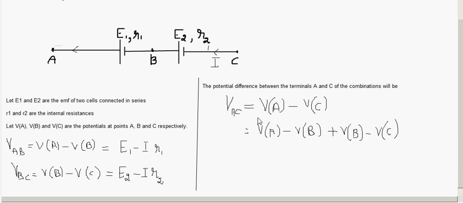Now this can be written as VA minus VB and VB minus VC, and we know the value of this.